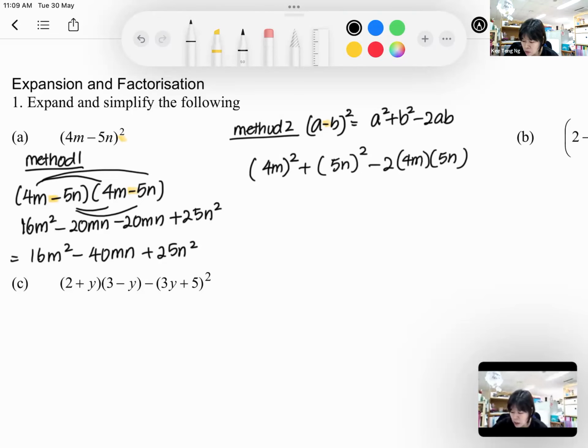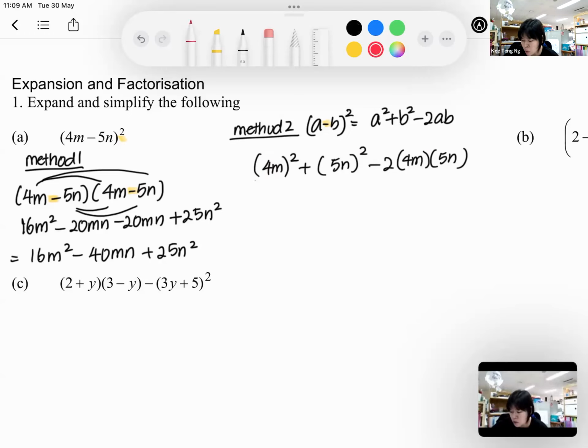Students who write the answer without brackets will not even get a working mark, because this means you only square the number and the letter, you didn't square the 4. So I will discourage this kind of working. I will encourage you to write brackets.